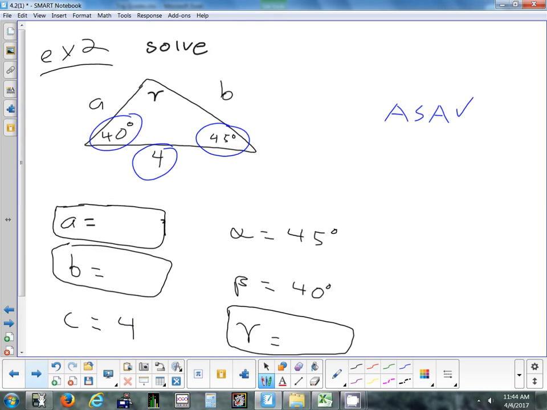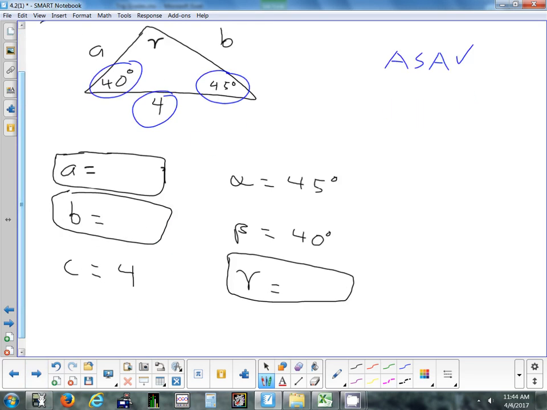Okay. What's another way I said you could tell to use law of sines? Just by looking at the table. If you have a row that's complete. Now, with what they gave me, do I have a row that's complete right now? No. I do not have a row that has everything in it. But could I easily figure something out that would give me a complete row?